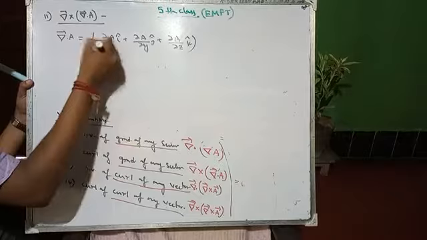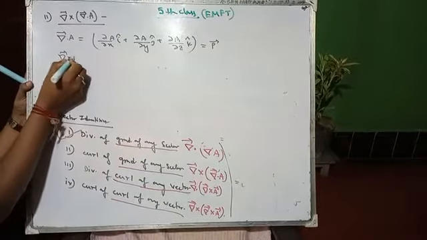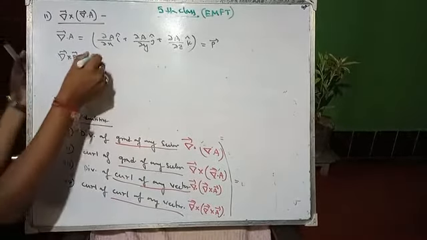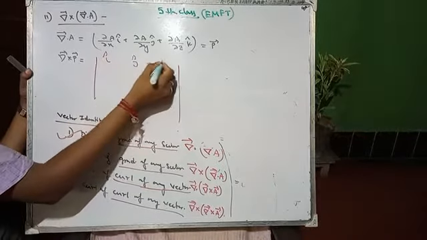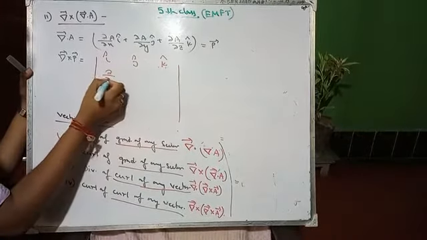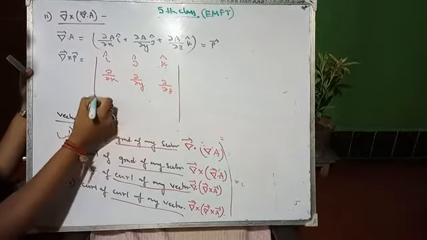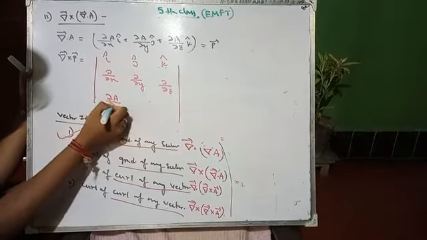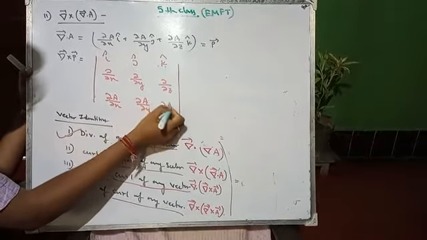Or you can say it can be represented by a vector P. Now what is the curl of this vector? You can take a determinant: i cap, j cap, k cap, del del x, del del y, del del z, and here del a del x, del a del y, del a del z.